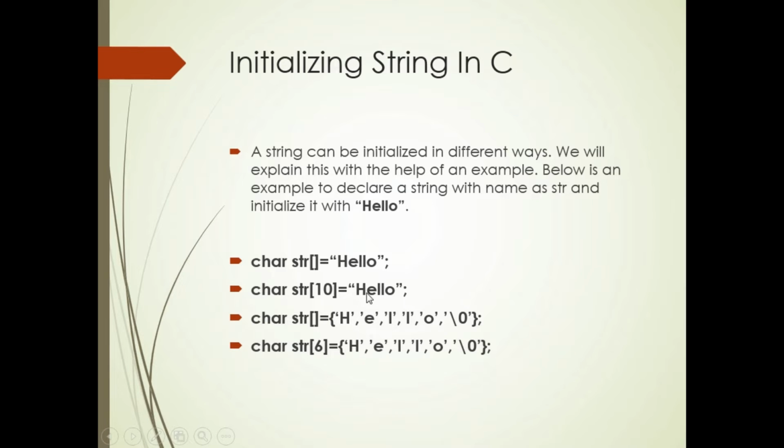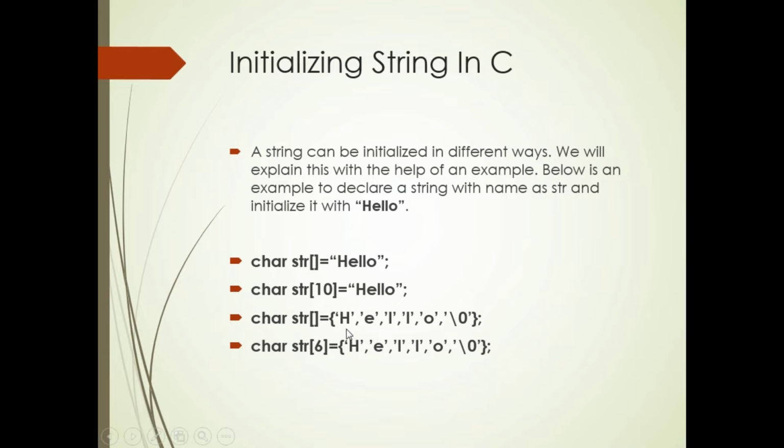Now hello is 5 characters and a null character, so a total of 6, and another 4 blocks will remain empty. Those other 4 blocks will be filled with the null character. We can also initialize with this type of declaration, in which it will directly fetch the value as 6 because we have written 6 characters in the curly brackets, and here we mention the size 6, so we can write up to 6 characters.